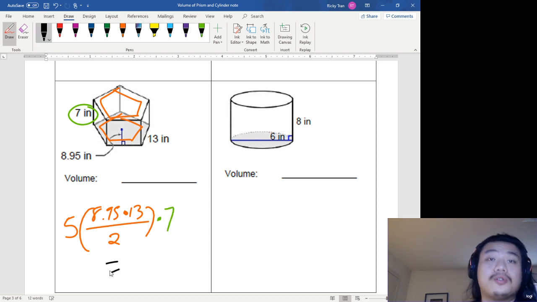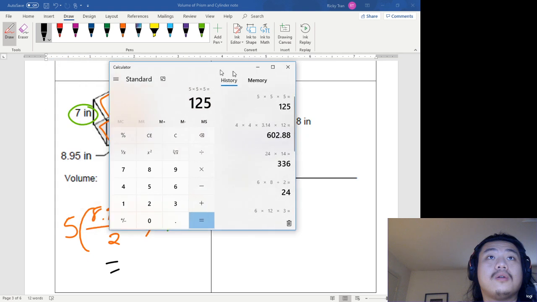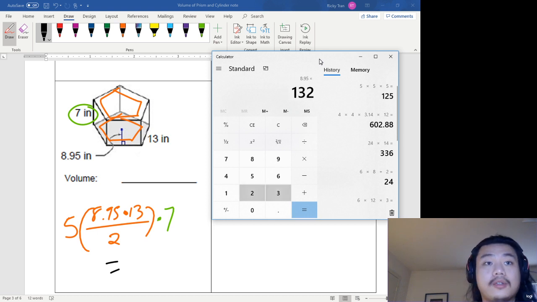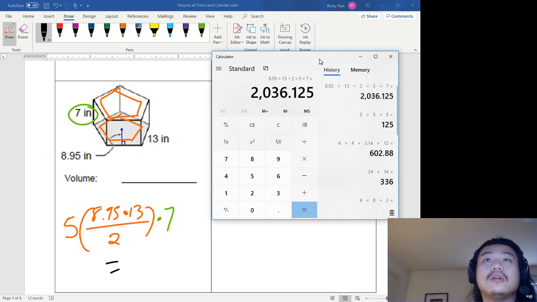which will be equal to, let's see. 8.95 times 13 divided by 2 times 5 times 7. Let's check that.